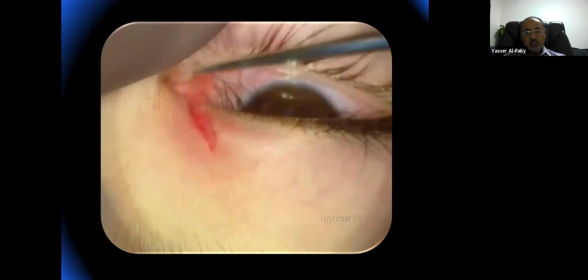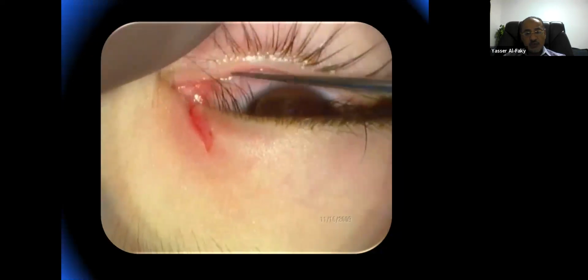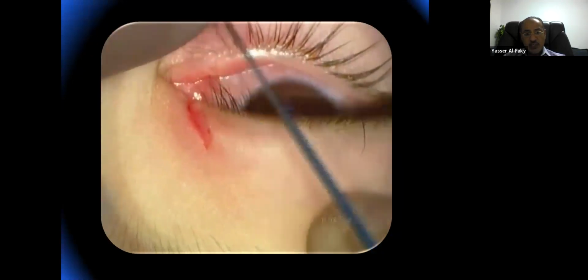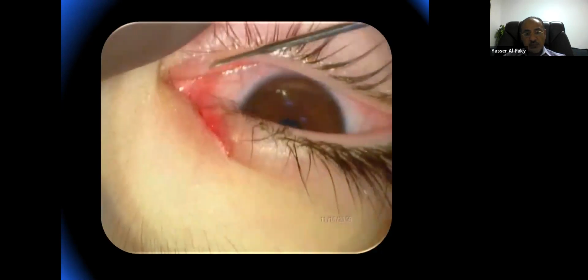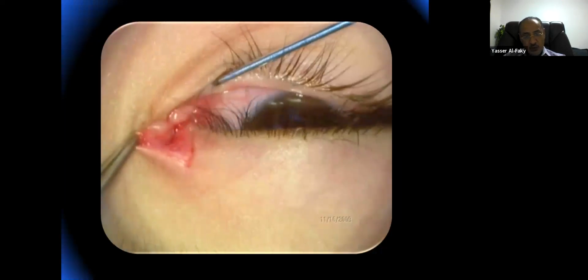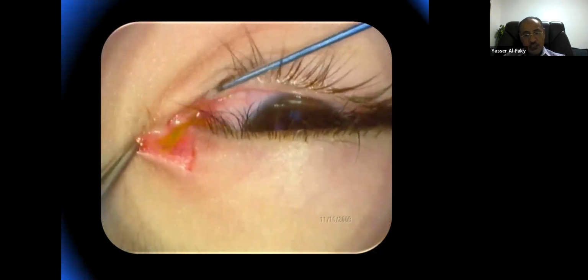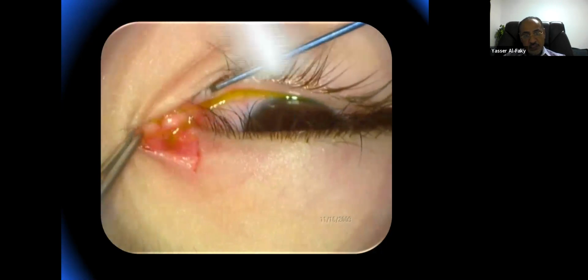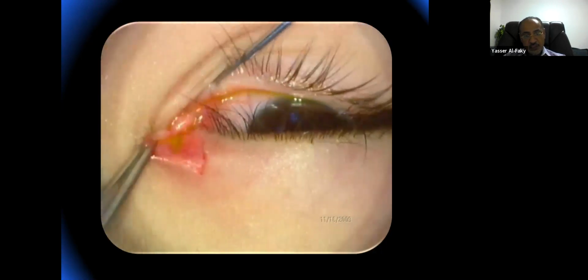If you are not quite sure, you might irrigate the lower one with fluorescein or use a pigtail if the cut end is so medial. With irrigation, you have to irrigate very slowly to be able to see the flush of fluorescein coming out through the punctum. You can see the cut end here.